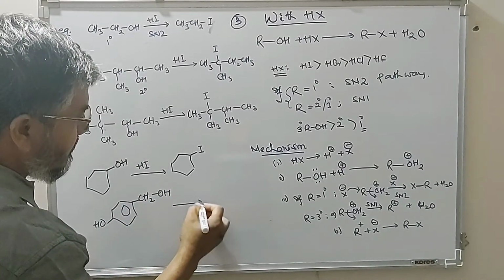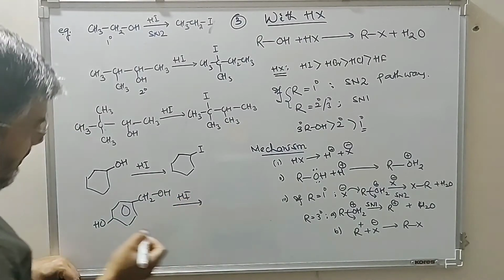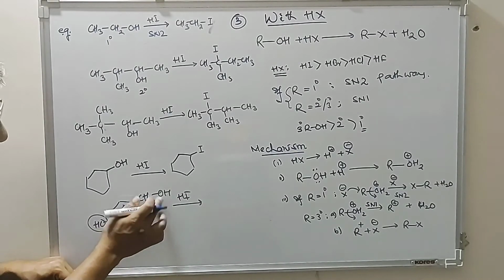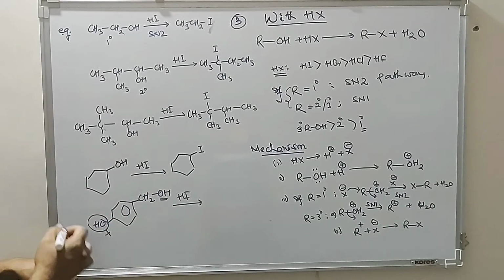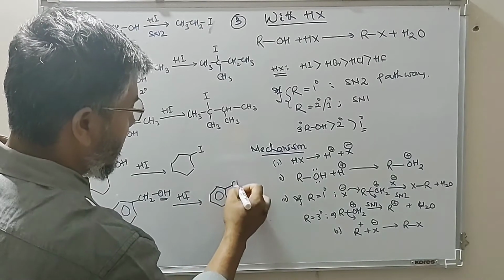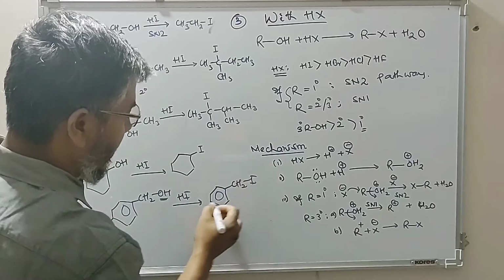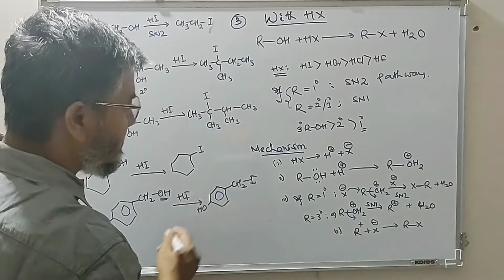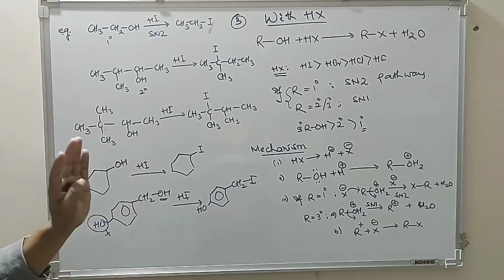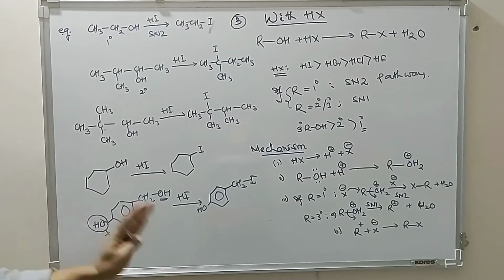So when this compound is made to react with HI, no reaction takes place with this phenolic OH. It only reacts with this alcoholic OH. So when this reacts, the final product will be CH2I, and the OH remains intact. So this is the OH which remains as it is here. So this is the reaction with HI.